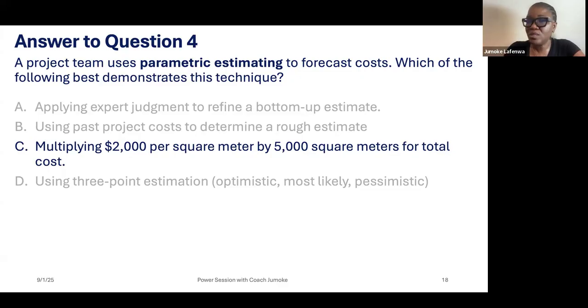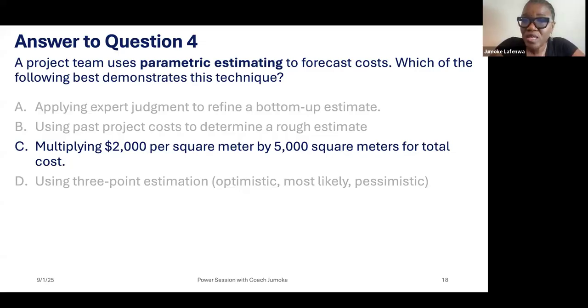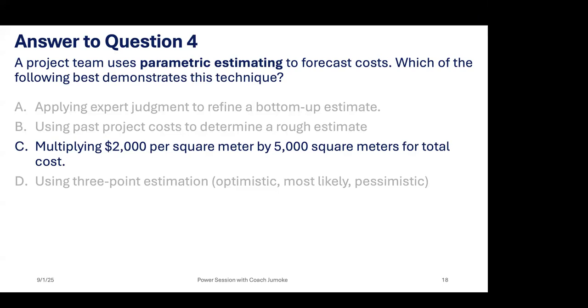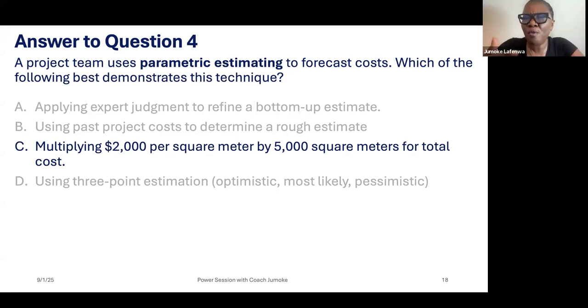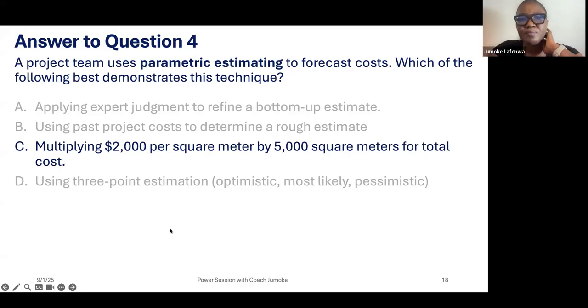Okay, so how many square meters do we have here? 5,000. So 2 times 5,000. There's nothing here that says it's based on past projects. If they had mentioned anything about past, then it would have been analogous estimating. Parametric is from parameters. Thank you, ma'am. Most welcome.